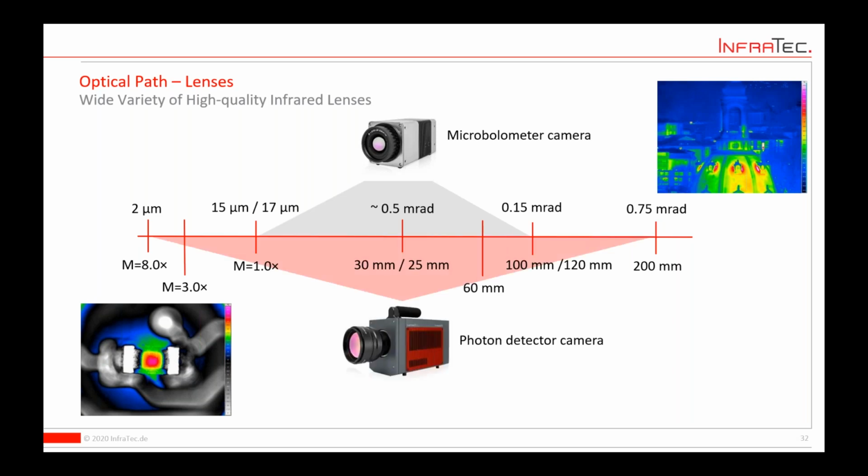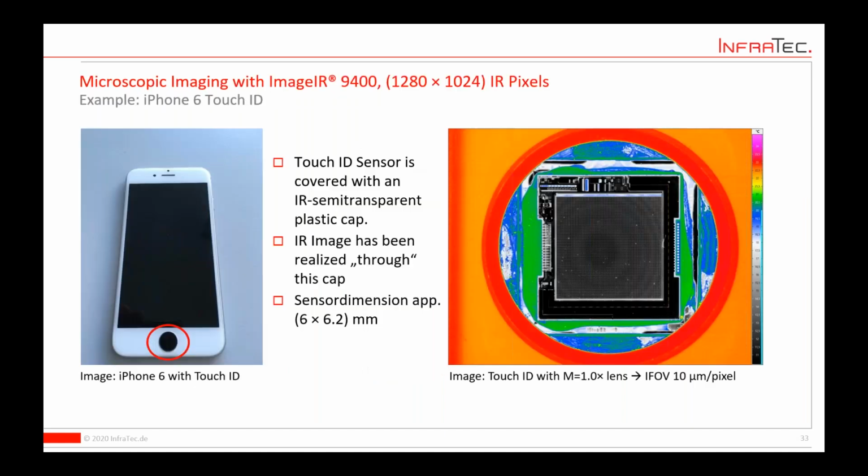But the variety of lenses available and resolvable details is wider for photodetectors. There we have microscopic lenses as well as real telephoto lenses. So the flexibility of photodetectors is larger, and they are more likely to be used for different applications, not only by their speed but also by their ability to resolve details or to provide different kinds of lenses. As an example, let me show you this kind of example here again in electronics maybe.